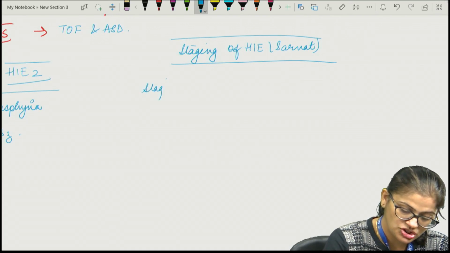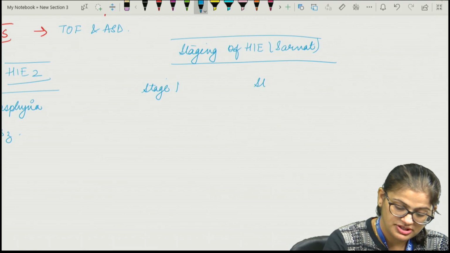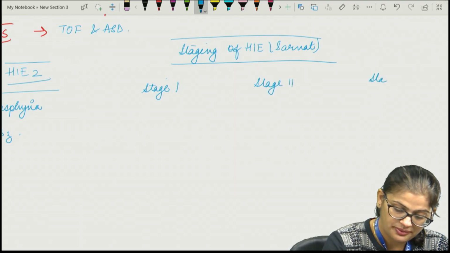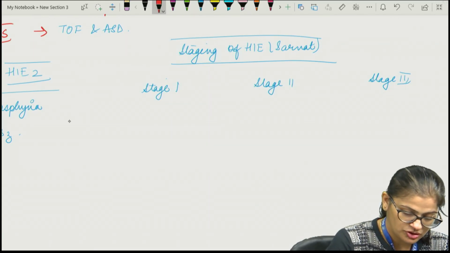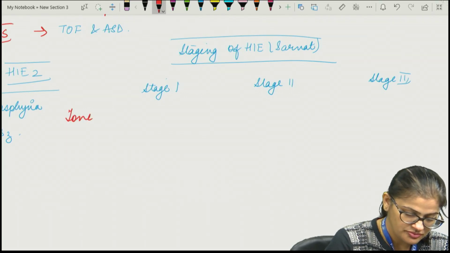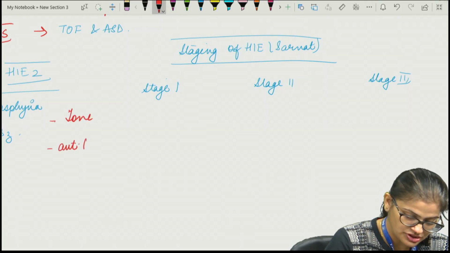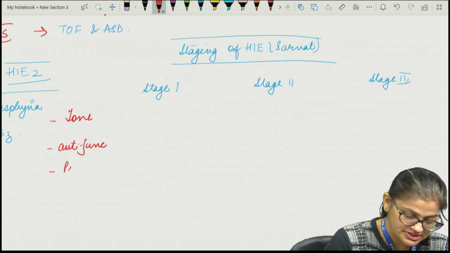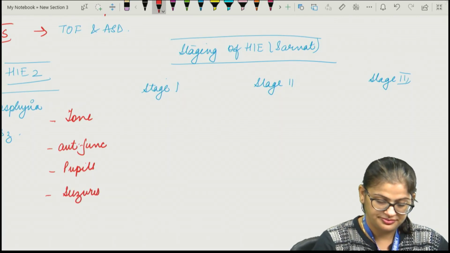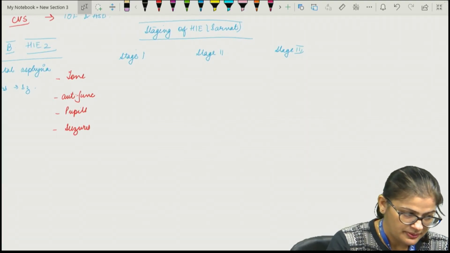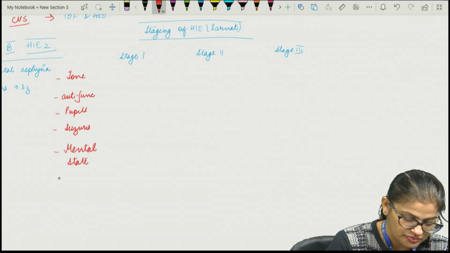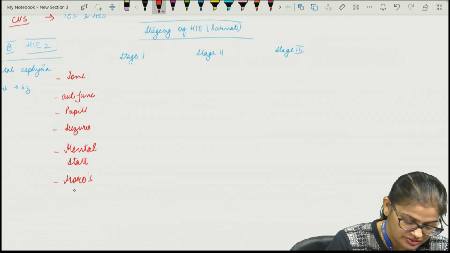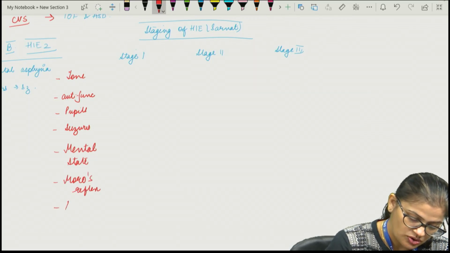So by Sarnat staging, HIE can have 3 stages: stage 1, stage 2 and stage 3. And the parameters that are used are tone, autonomic function, pupils, presence of seizures, mental state, Moro's reflex, and suck reflex.